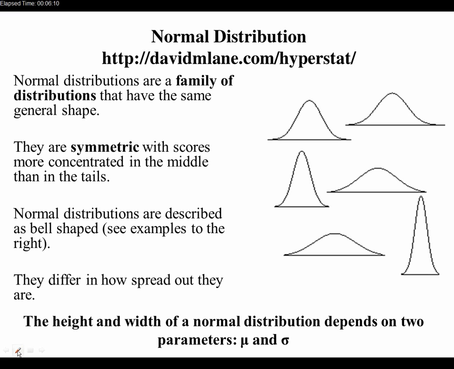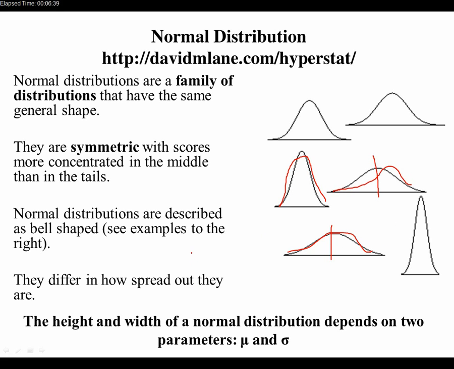And what do I mean by symmetric? That means that they aren't positively or negatively skewed. All right, they're symmetric, so whether they're leptokurtic like this guy or platykurtic like this guy and this guy, they're going to be equal on both sides. They're going to be normal distributions.